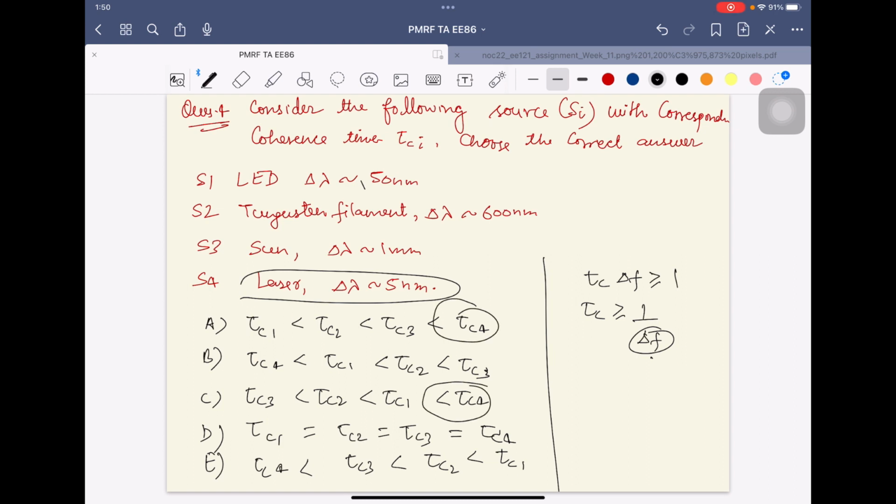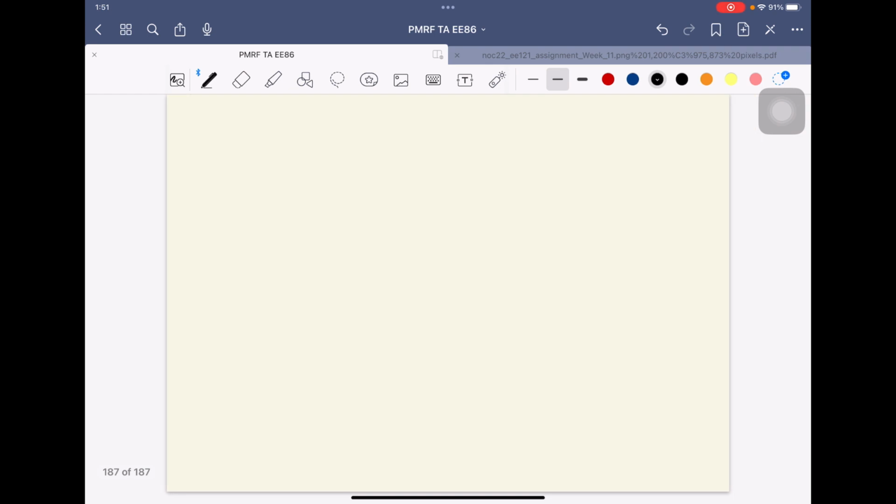So all these answers are incorrect other than the one where tau c4 is highest. Then the laser has 5 nanometer, and this is 50 nanometer, so this S1 will be second highest. So this is only in this one. So this will be the correct answer. Okay. So this question number 4.